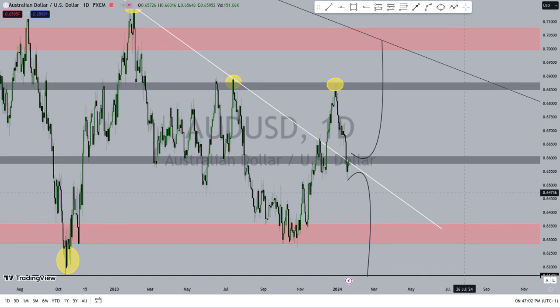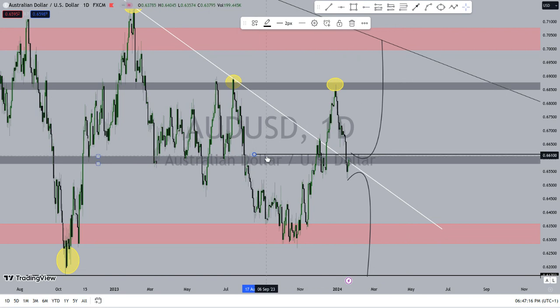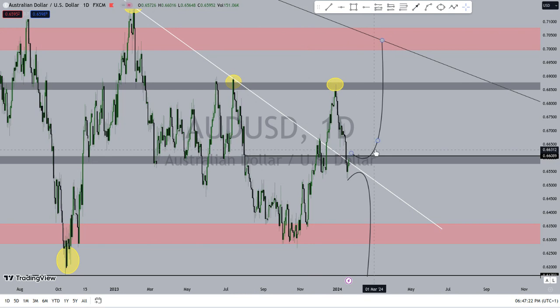If price is ready to trade in the original direction we said, to the upside, then we should see it clear this level, and then trade up above this level.